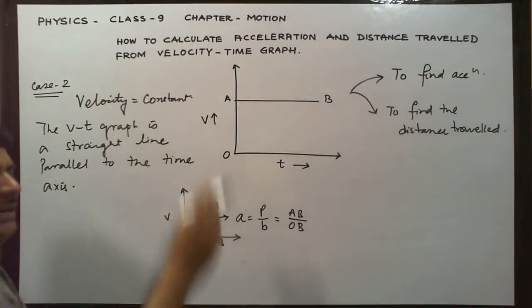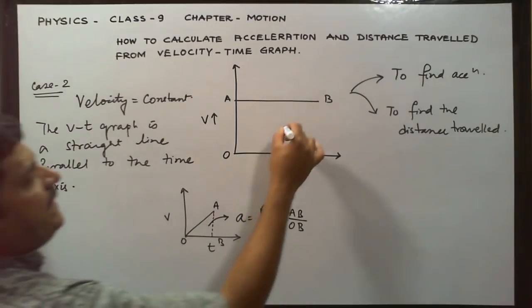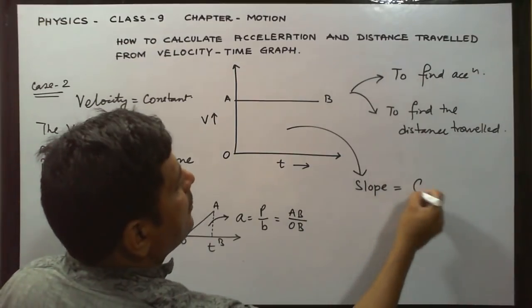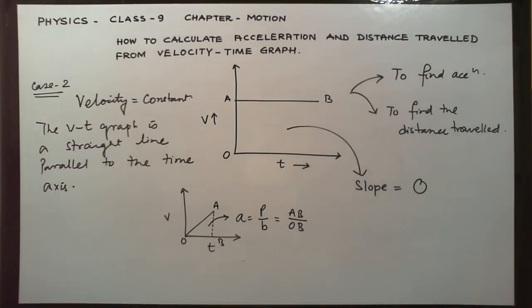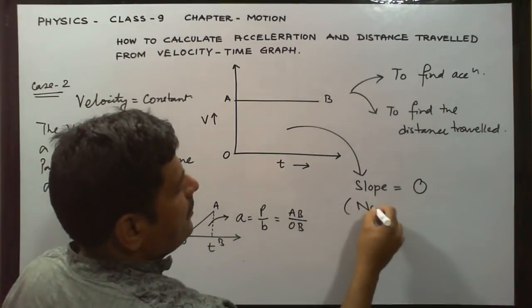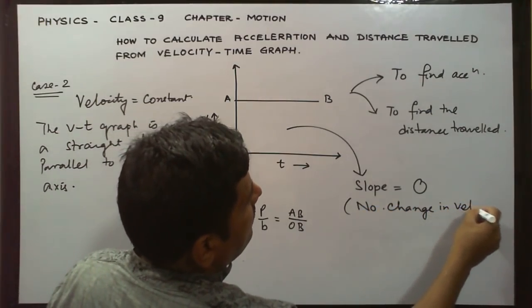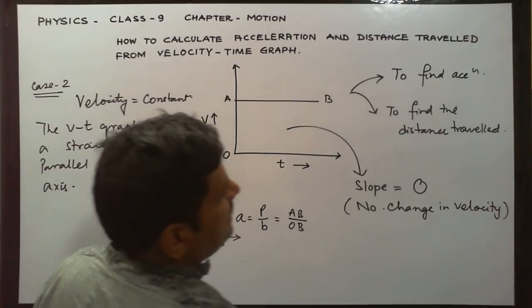Now if you look at this graph, what is the slope here? Slope is equal to 0 because there is no change in velocity.